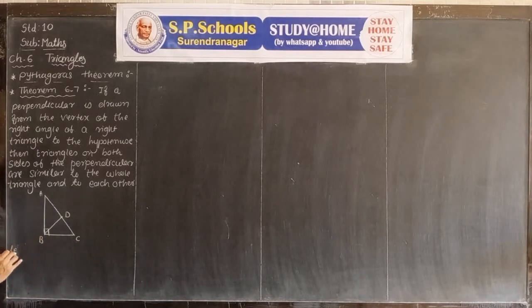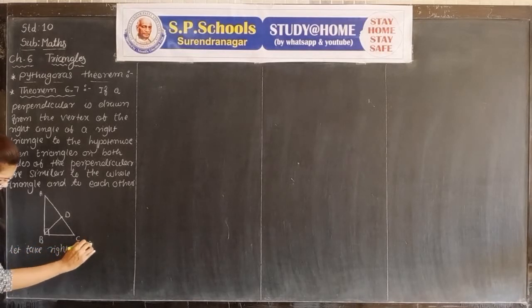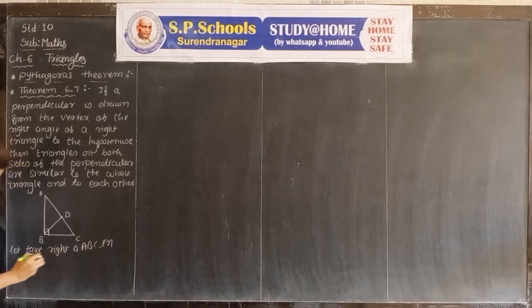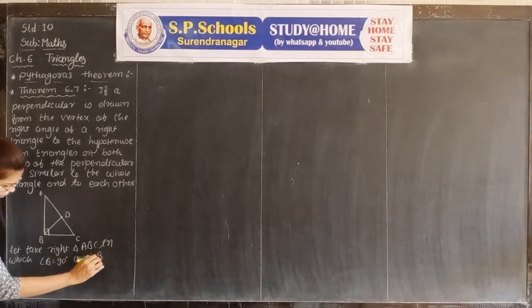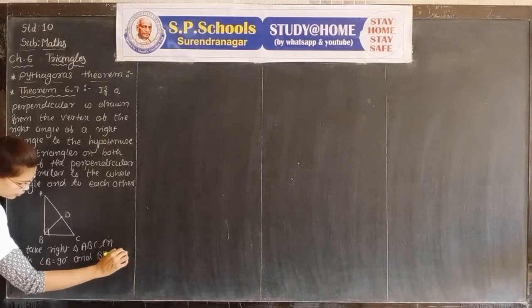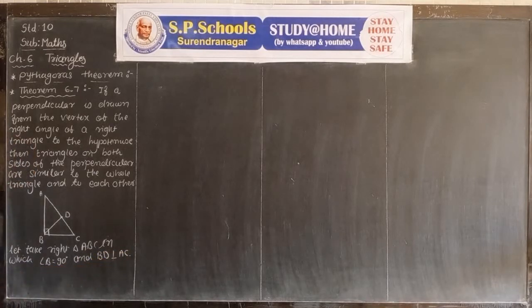Let's take right triangle ABC in which angle B is equal to 90 degrees and BD is perpendicular to AC.